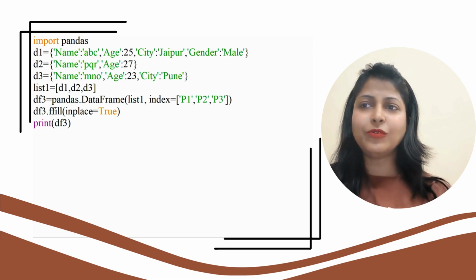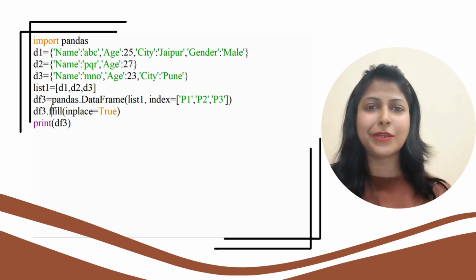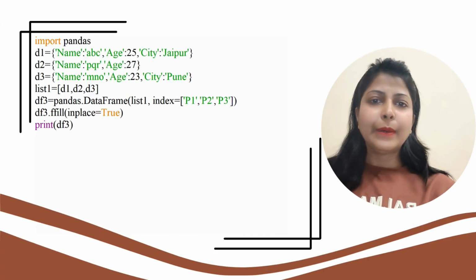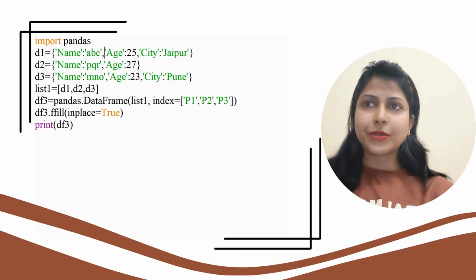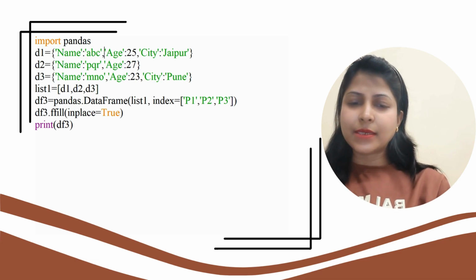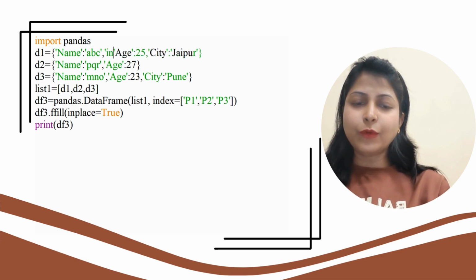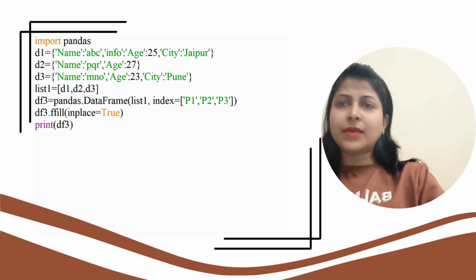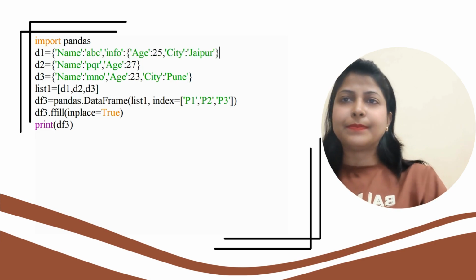And one more thing I want to tell you over here is that we can have the dictionary of dictionaries as well. Nesting of dictionaries, which I talked about. So I'll write here info and I will convert it into a dictionary.